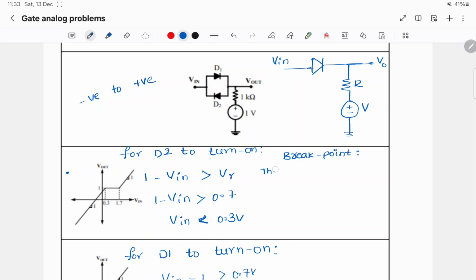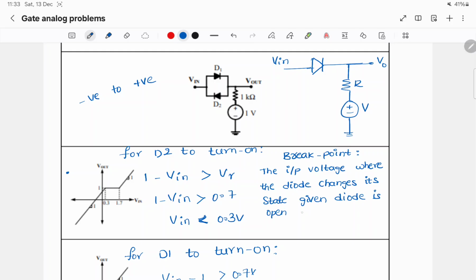Breakpoint is the input voltage where the diode changes its state, given the diode is open circuited.